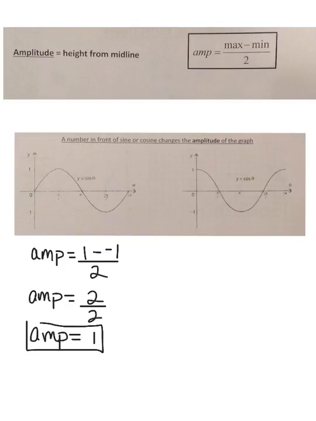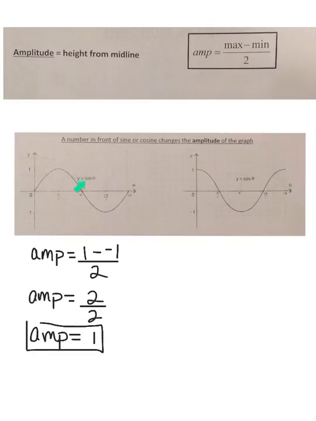Now there's another way of looking at amplitude that I think sometimes is pretty easy. It says here, a number in front of sine or cosine changes the amplitude of the graph. So for example, let's look at this equation right here. There should be a number right in front of that word sine. And remember, if there's no number there, we can always assume it's a 1.